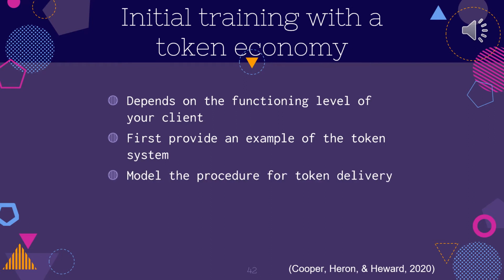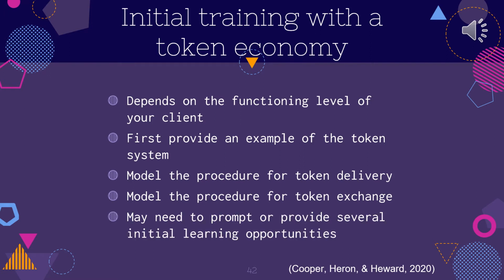Then you can model the procedure for token exchange by providing the tokens and allowing access to the preferred backup reinforcers. You may need to prompt or provide several initial learning opportunities for the client to engage in all of the correct responses. Again, how much time you'll have to spend on this is going to depend on each individual client and will be different for each client.